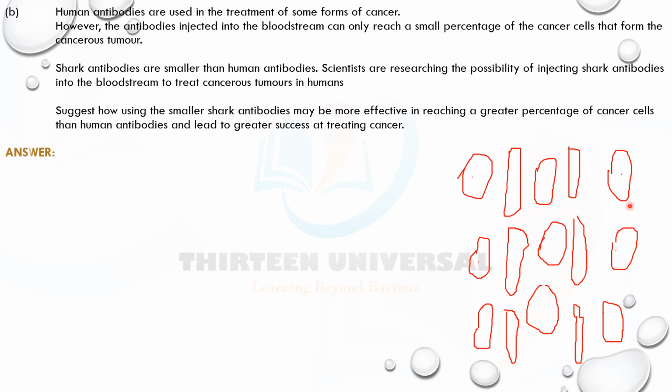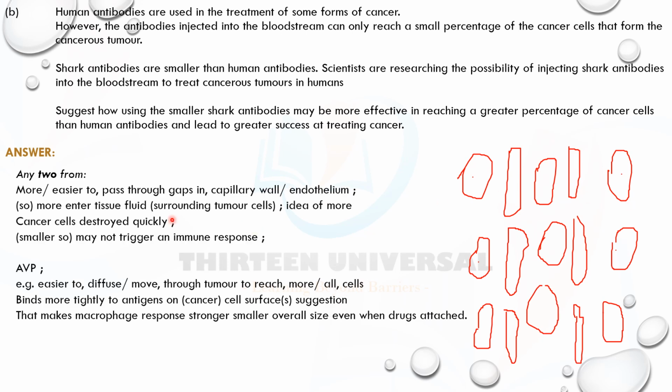Okay, so if you check the marking scheme here, it is easier to pass through the gaps in the capillary wall. These are the gaps between the capillary wall and the endothelium. So it is easier to enter the surrounding cells, and cancer cells are destroyed quickly because they're small, so more of them will enter. They may not trigger an immune response because they're small. It is easier to diffuse and move through the tumor to reach all cells.